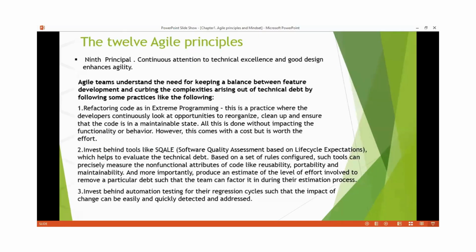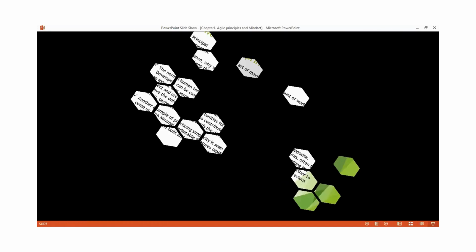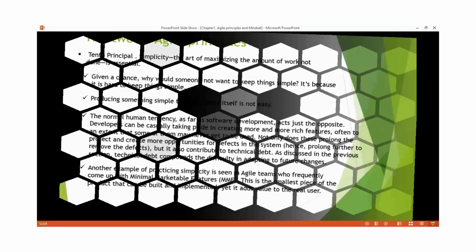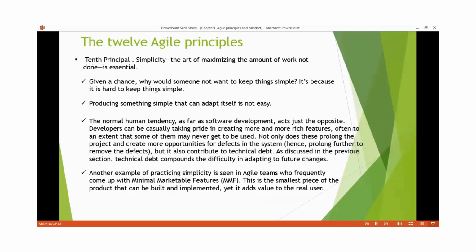Now, the 10th principle talks about simplicity as the art of maximizing the amount of work not done, the work that is not essential. It means that we have the product backlog with all the features prioritized.